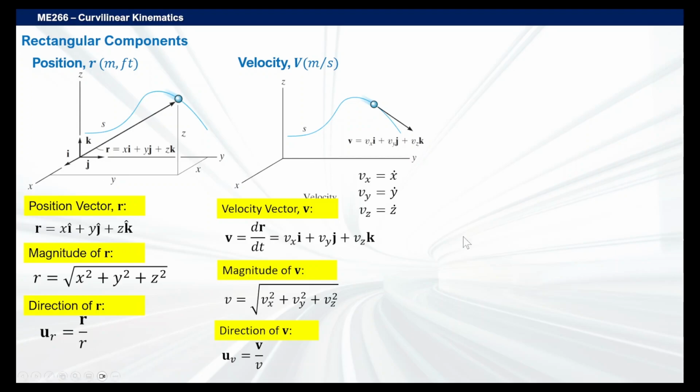Okay, hindi ko lang nalagay na i hat dito, pero pag susulat natin, kailangan i hat or j hat or k hat para makita natin kaagad. So pag makuha natin yung magnitude ng velocity, it's simply the square root of the sum of the squares of vx, vy, vz. Okay? And then of course, yung direction nito is uv equals v over v.